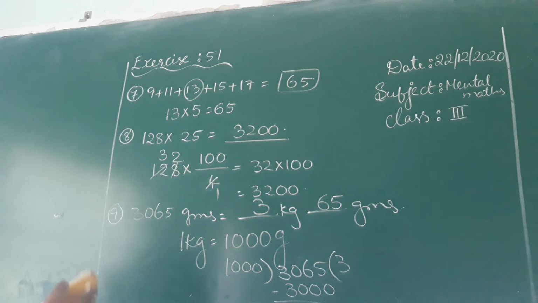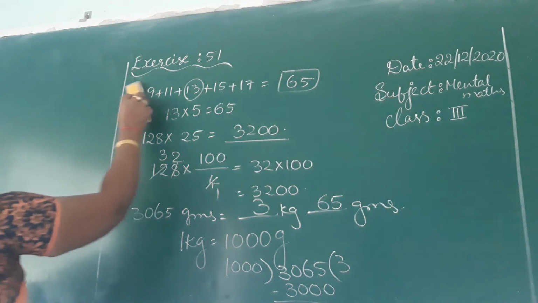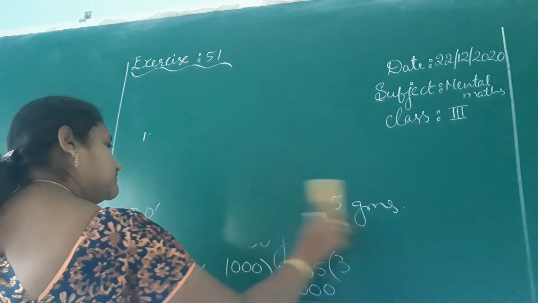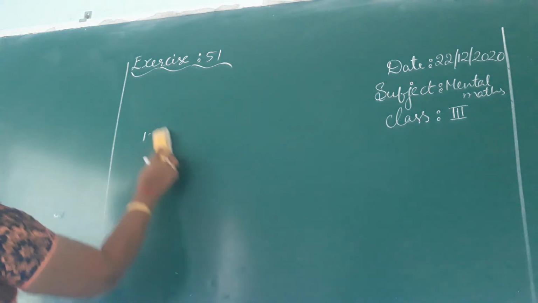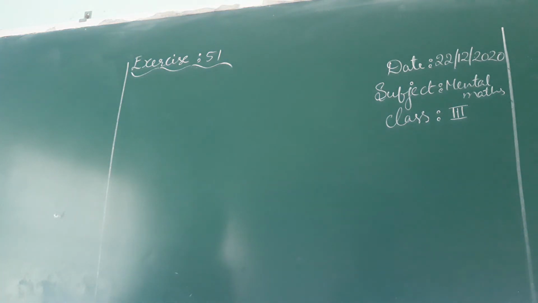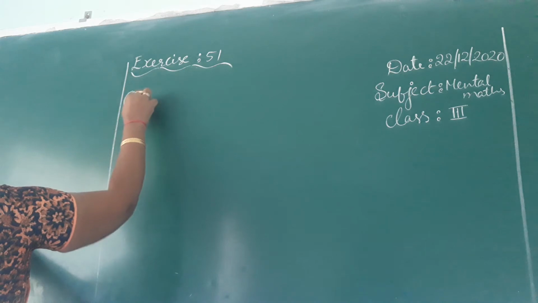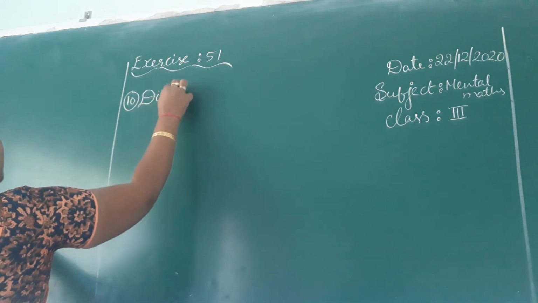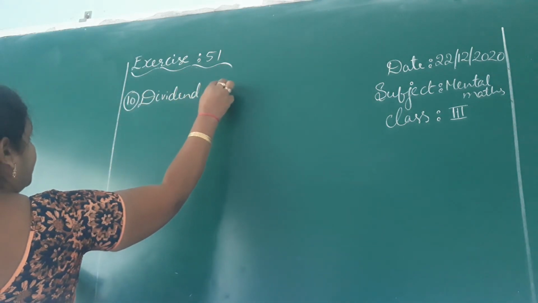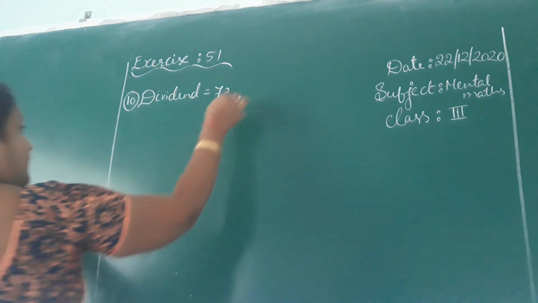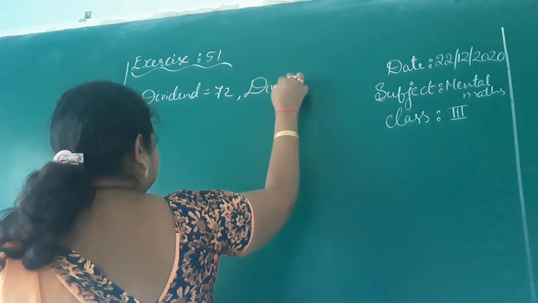See the next one, children. Here they have given some data for us. Dividend equal to 72. Divisor is 12.